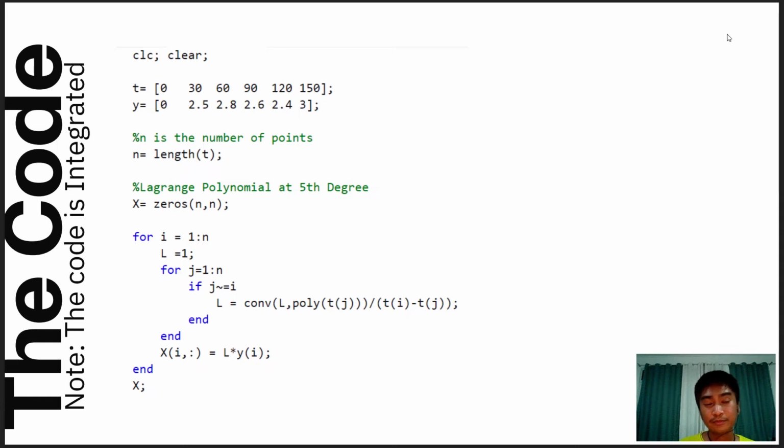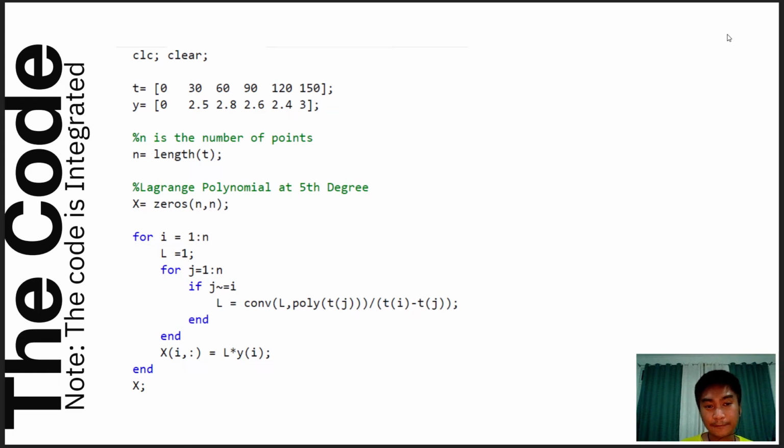So here's the code. Setting up here, we wrote clc; clear; and then followed by the values of T and Y. Then we add a comment, n as the number of points, and we assign n as length of T. Then for the Lagrange polynomial at 5th degree, since we have 6 data points, we attach a for loop.